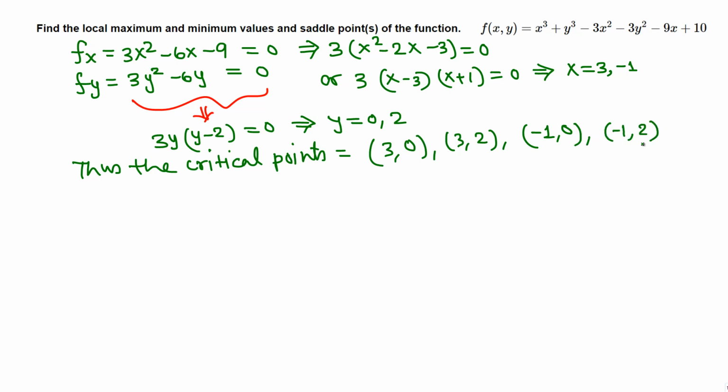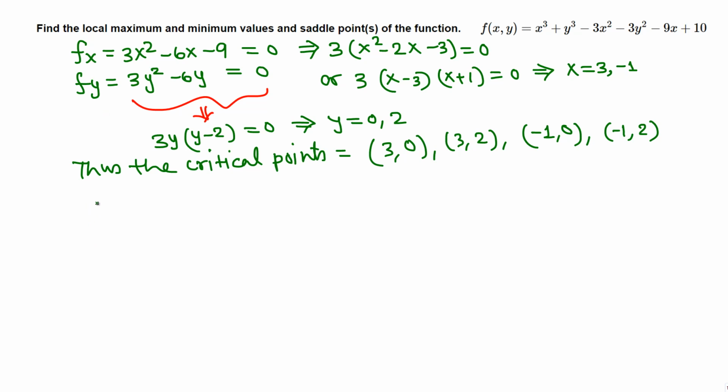Now we need to test each of these 4 critical points to check if they produce a local maximum, minimum, or saddle point. In any case, we need to first find the discriminant.